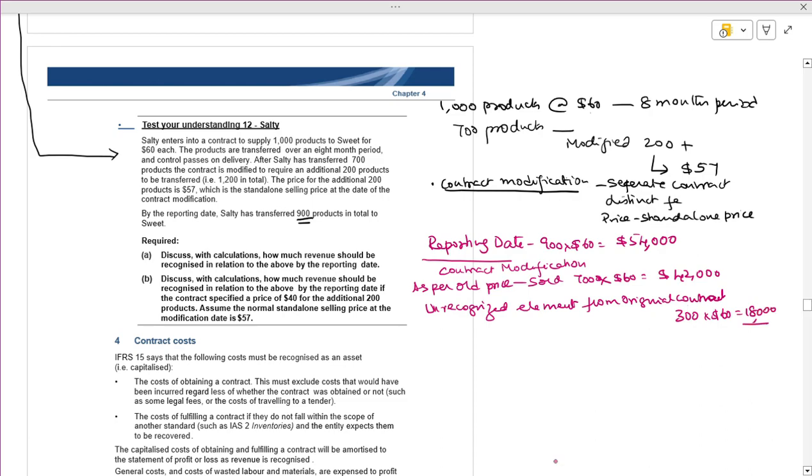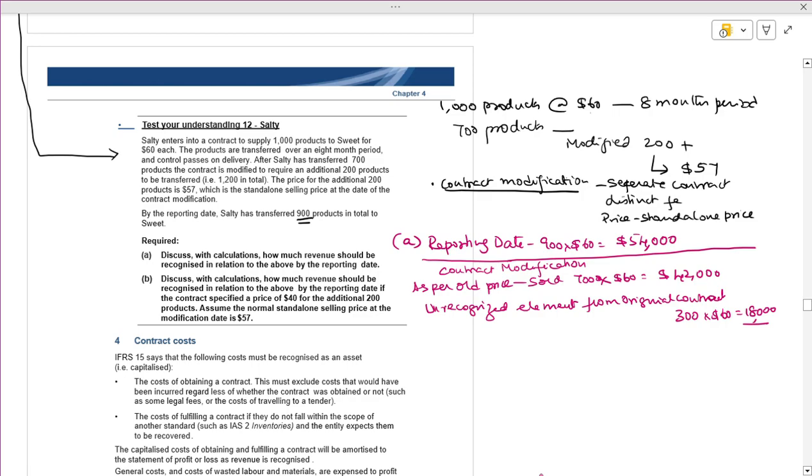So the answer to part A is that the revenue to be recognized by the reporting date is 54,000.